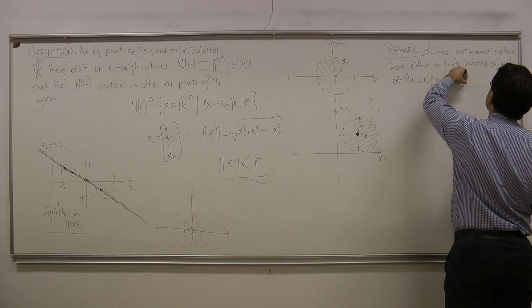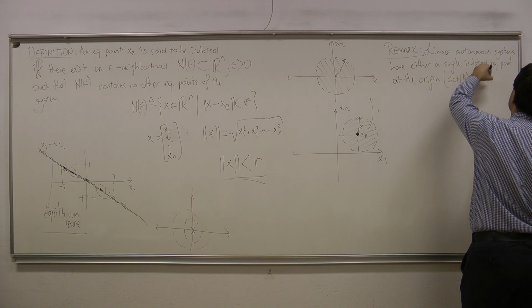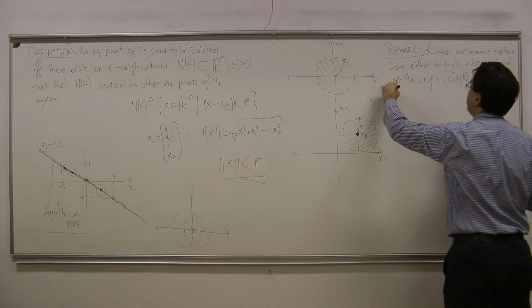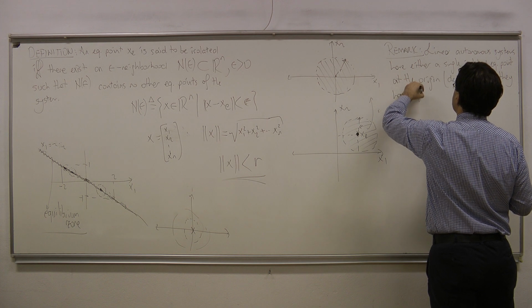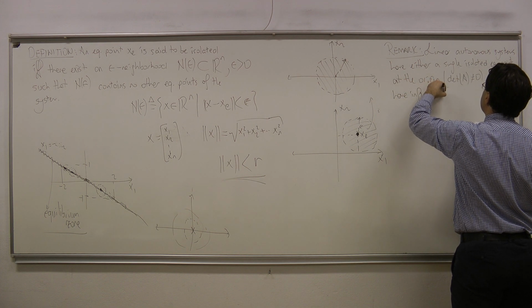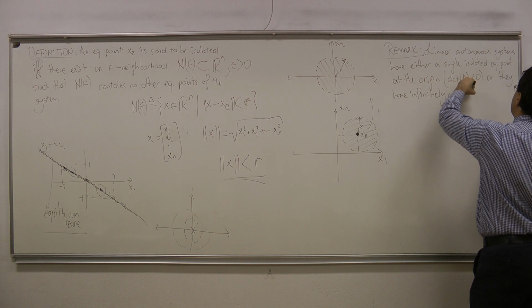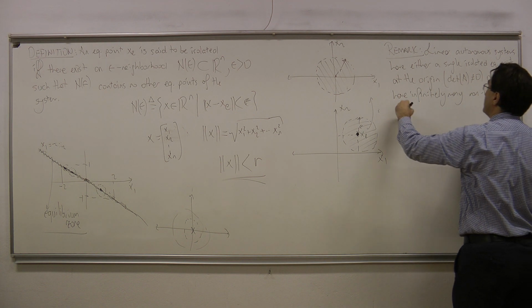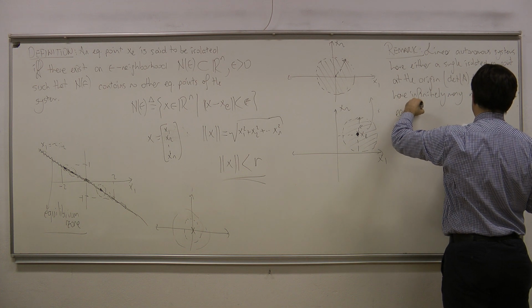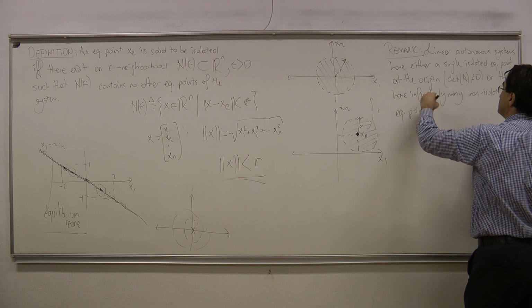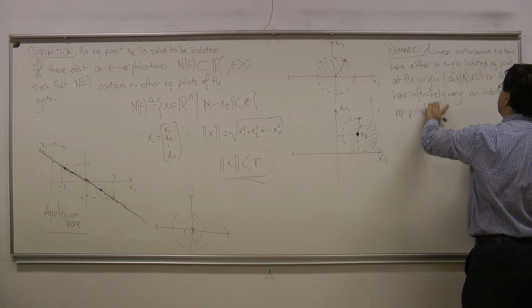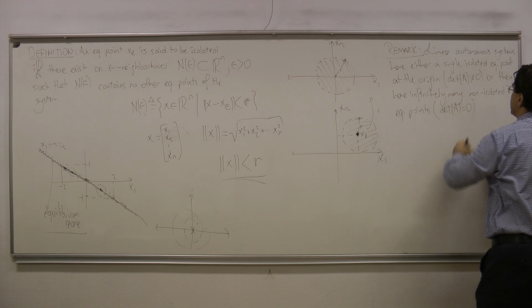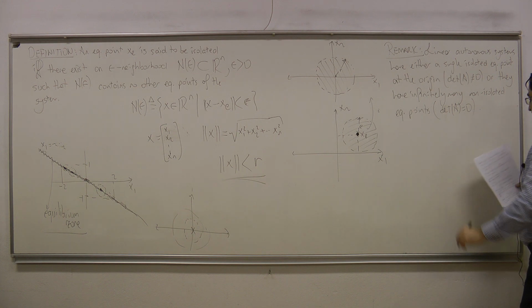This is the case when determinant A is not equal to 0, or they have infinitely many non-isolated equilibrium points. This is the case when determinant A is equal to 0. Okay?